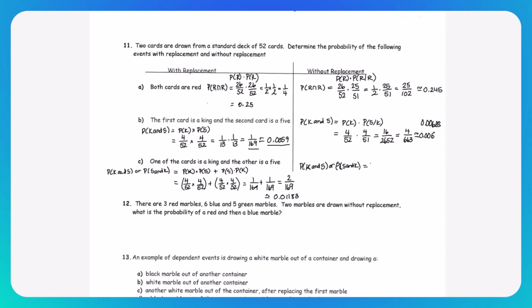So really, it's the probability of K times the probability of 5 given K has already happened. That's the first part. That's case 1. But then we have to add it to case 2, where it's the probability of 5 times the probability of the king given 5 has already happened. So that's what it looks mathy like.